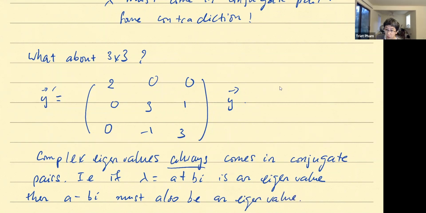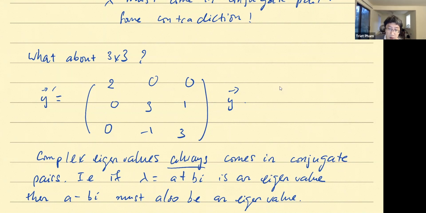Let me ask you this, and I hope this is clear. Can a 3 by 3 system have 3 complex eigenvalues? No, exactly.